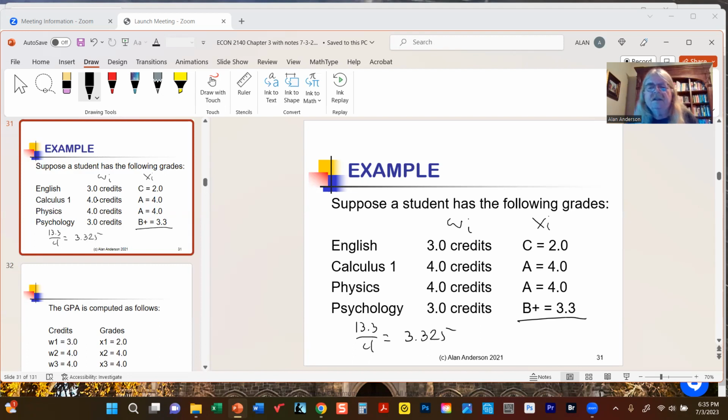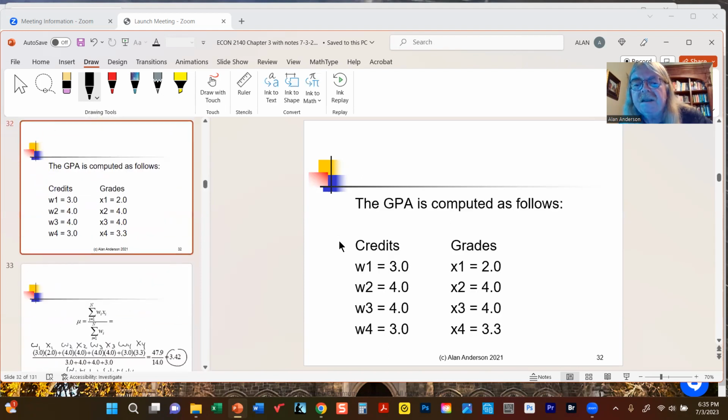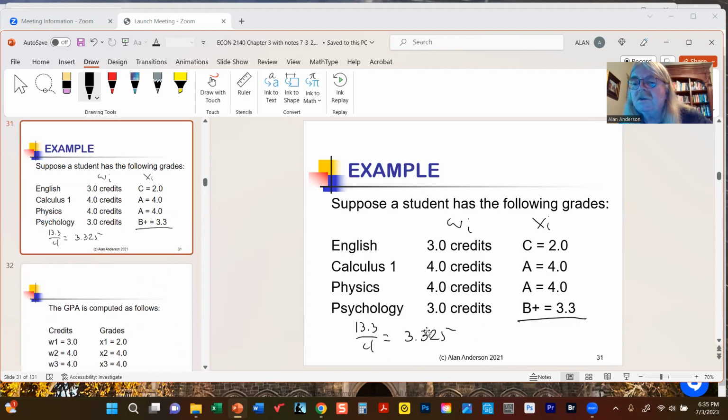Wait a minute, but didn't it turn out that your GPA is actually 3.42? Yes. So using this approach, you would have actually cheated yourself out of some points.